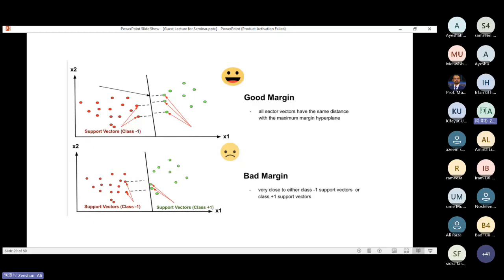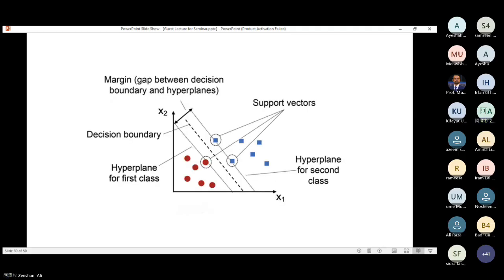But if you are at a bad margin, maybe you can face some very serious consequences. Margin is the gap between the decision boundary and the hyperplane. From this picture it is clear we have two types of clusters, a hyperplane, a decision boundary, and support vectors. So this is the geometrical representation of these three terms.